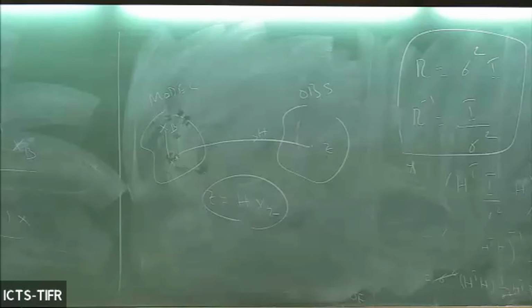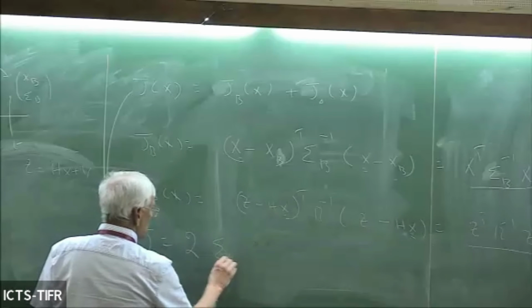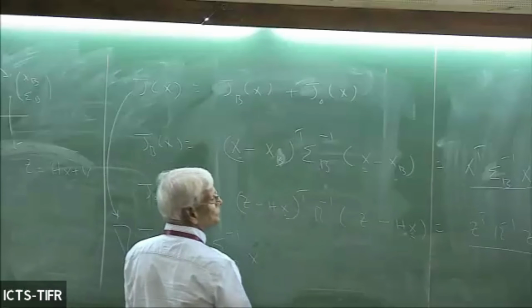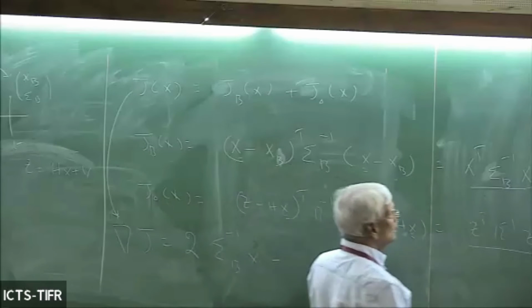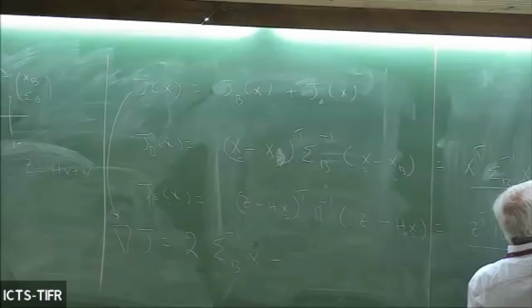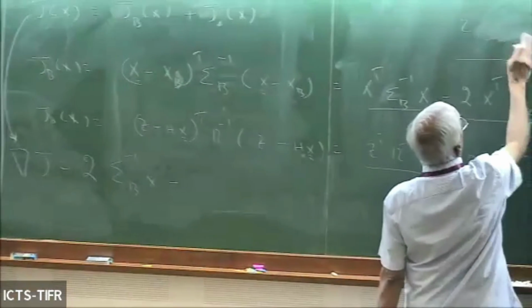So what is it I now need to do? I need to compute the gradient of J. Gradient of this J. So what is the gradient of this J? The gradient of this is 2 sigma b inverse x minus. Now let me rewrite this part. This is equal to 2 times xb transpose sigma b inverse. Maybe I'll write this a little slowly.